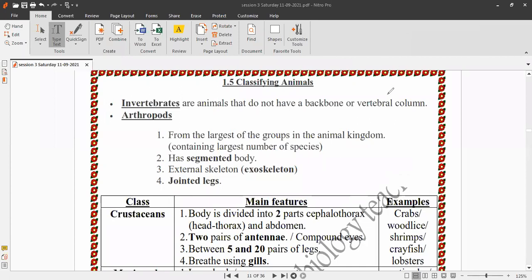In Paper 4, if you are asked to write the features of arthropods, only write segmented body, exoskeleton, and jointed legs.